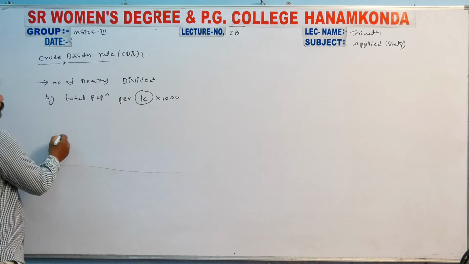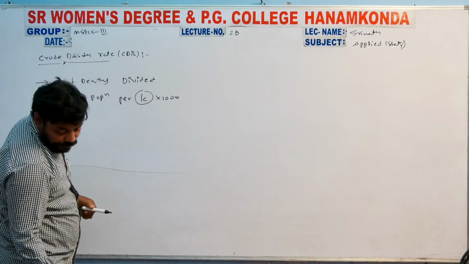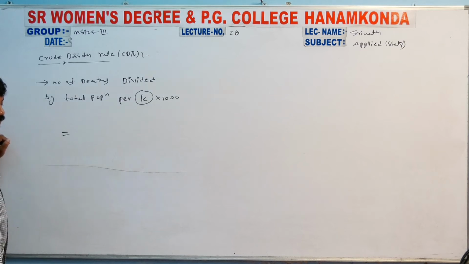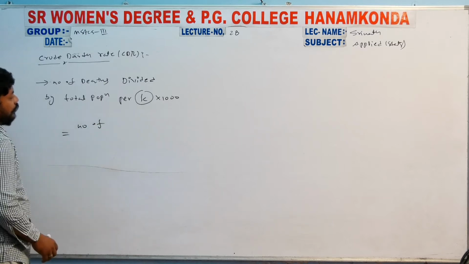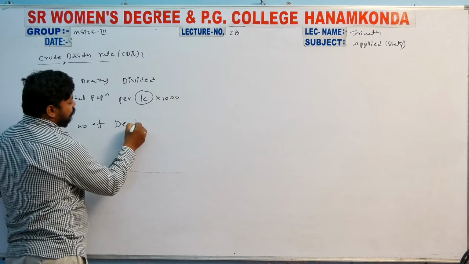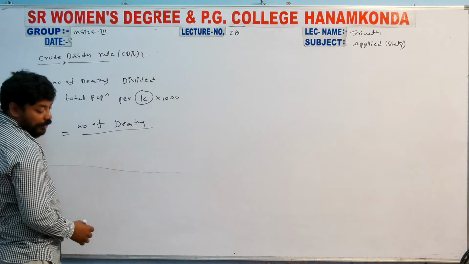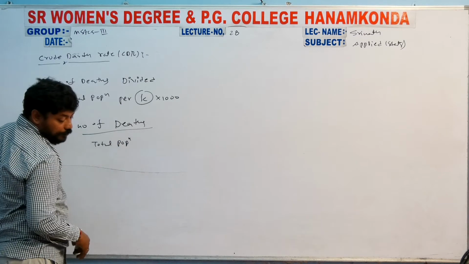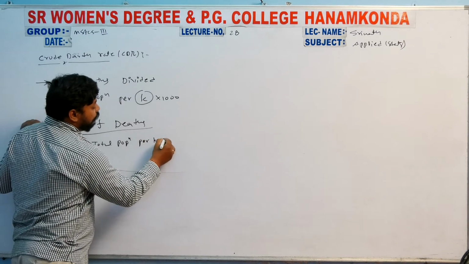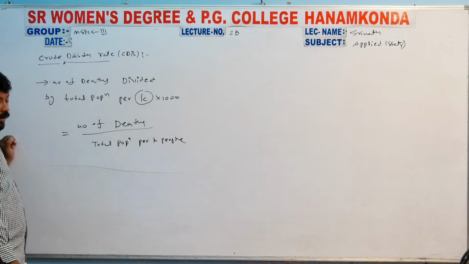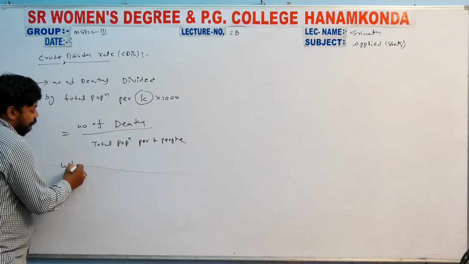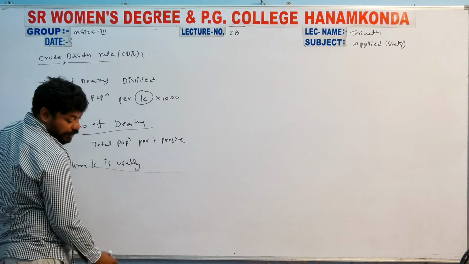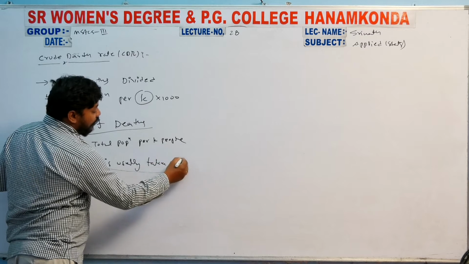That means we have the formula: number of deaths by total population per k people, where k is usually taken as 1000.